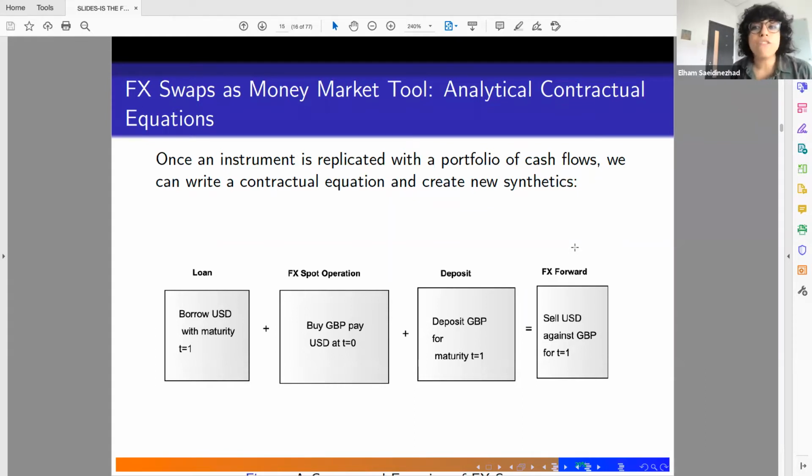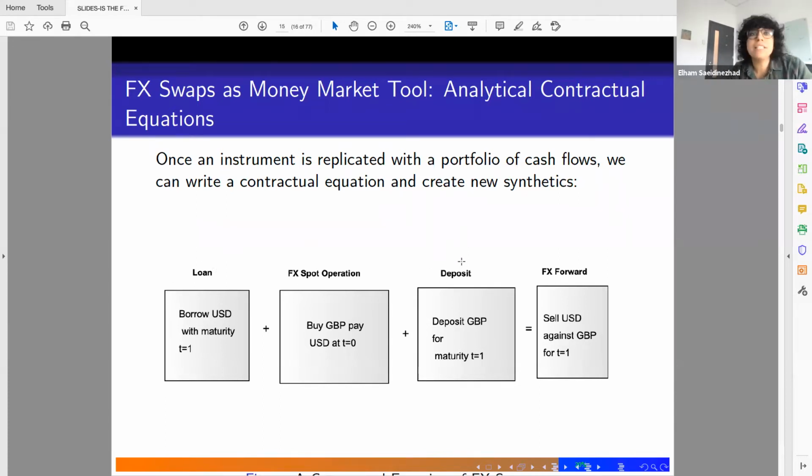Again, there are a few transactions happening here, and these are the timing and the nature of the transactions that happen during these forward contracts. The first one has the characteristic of a bank loan because one party is basically borrowing USD, and it has to repay this loan in a year.